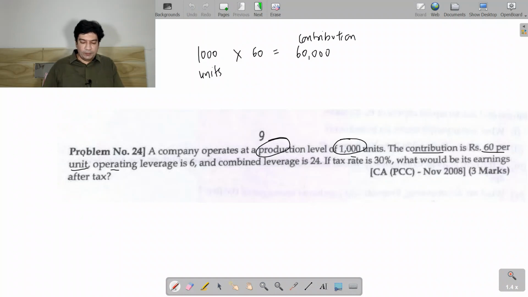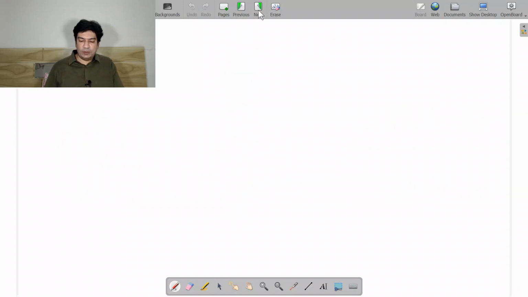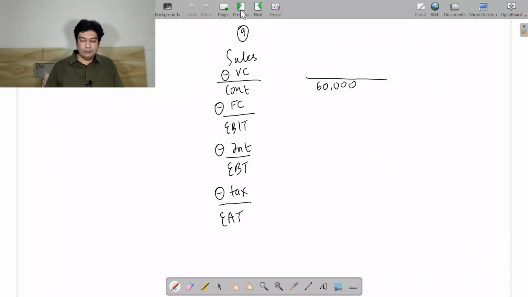Now they have given us the operating leverage to be 6. So I can use the formula for operating leverage, which is contribution divided by EBIT.